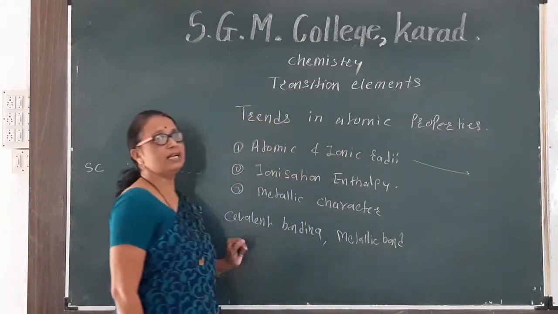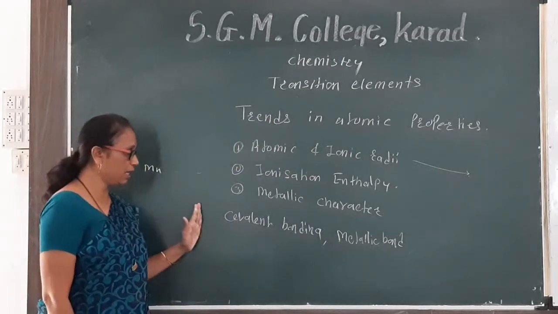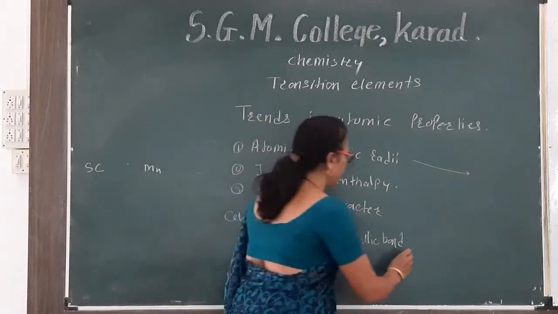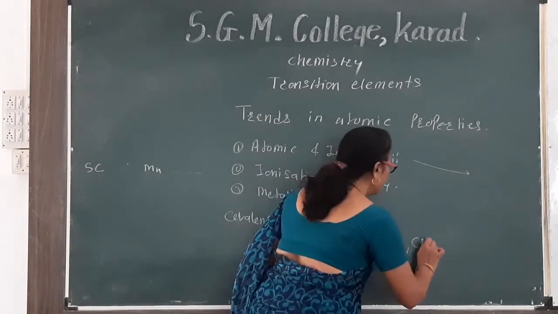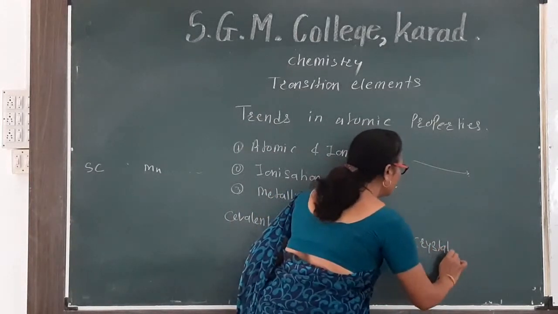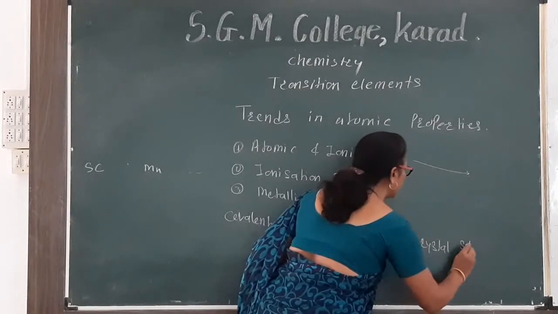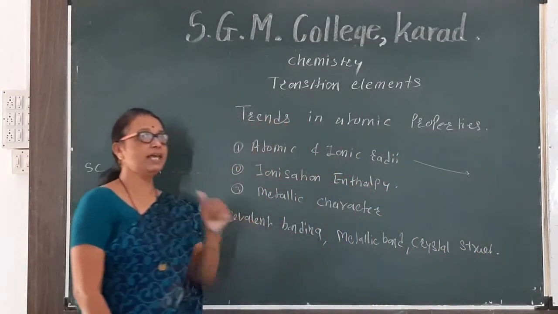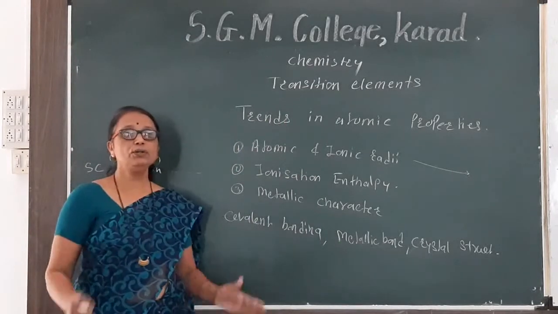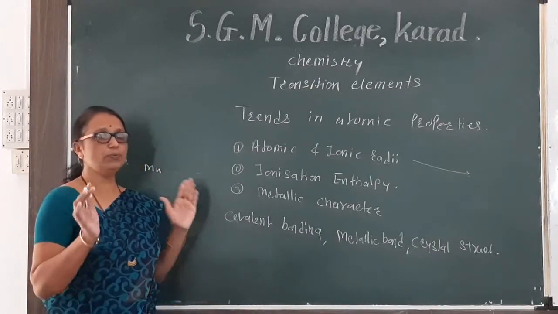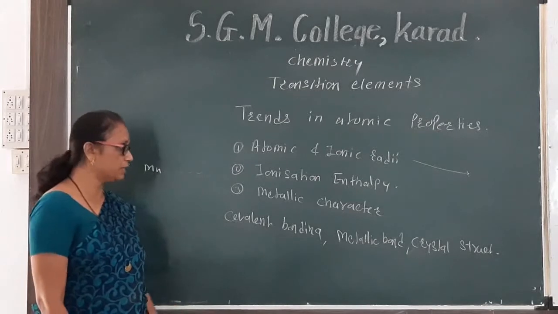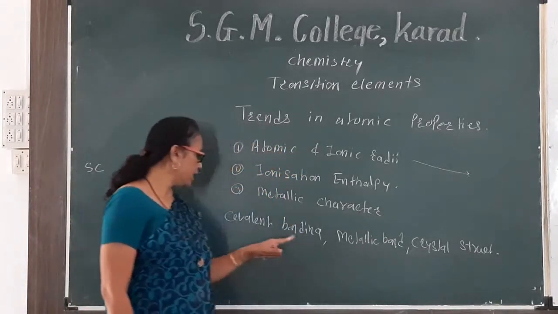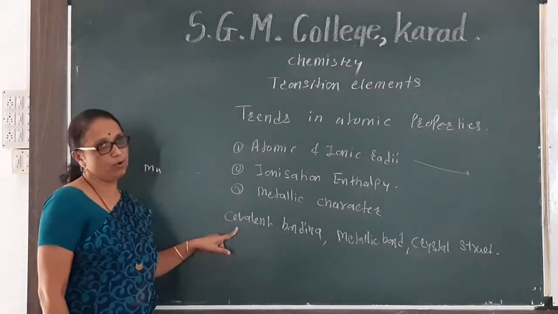In case of transition elements, there is covalent bonding as well as metallic bonding, and perfect crystal structures or metallic structures for those elements. Those elements have a particular metallic structure or crystal structure, and they show metallic bonding as well as covalent bonding.